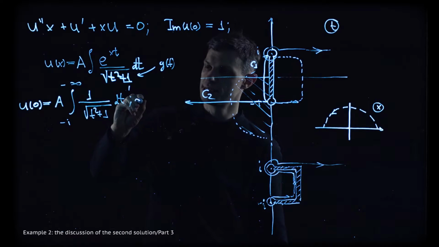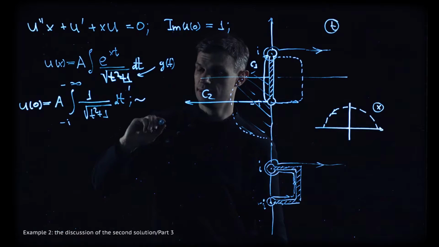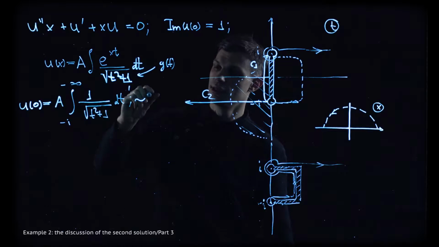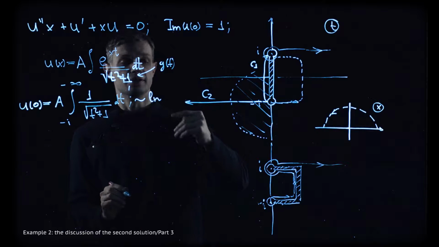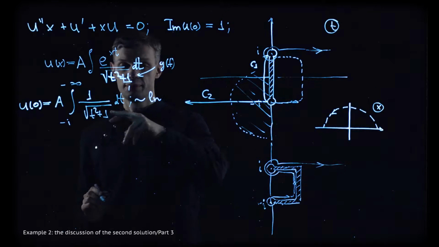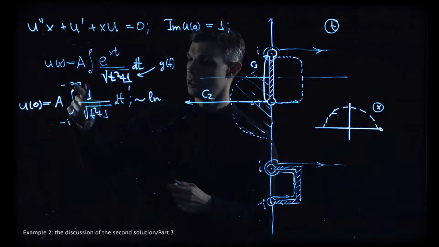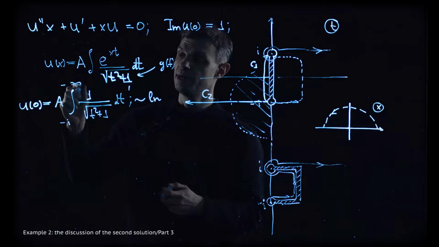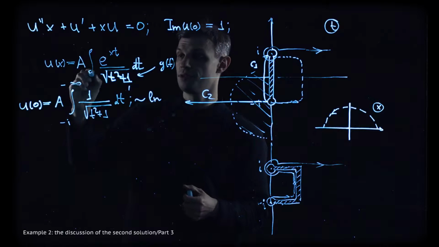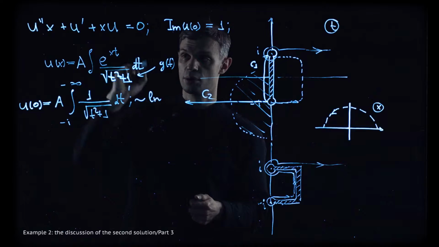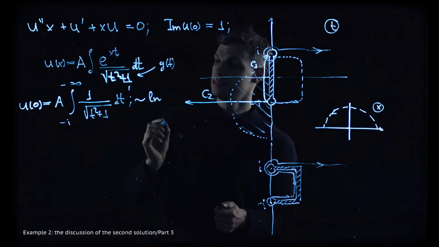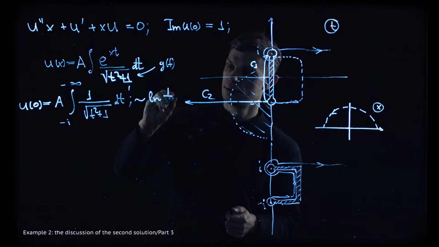And indeed, this gives us the reason to assume that the leading behavior would be logarithmic, but right now it's the logarithm of infinity, so the upper limit of integration should be changed from minus infinity to minus 1 over x, and the answer would be like this.